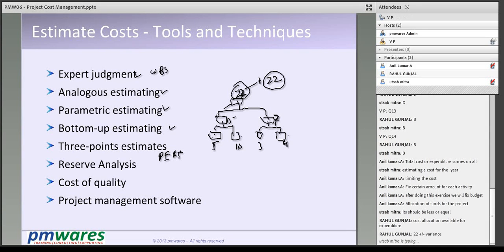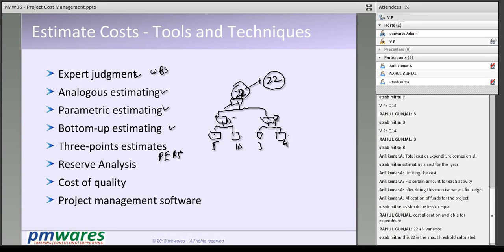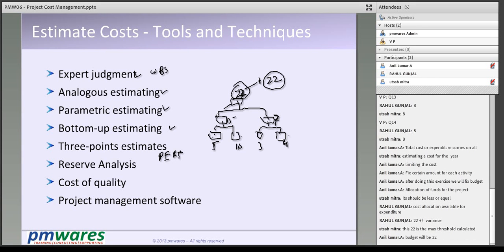Whatever budget you will fix, that will become baseline. This 22 is the maximum threshold calculated. How about tell me budget? Budget will be 22. So what is the difference between estimation and budget?